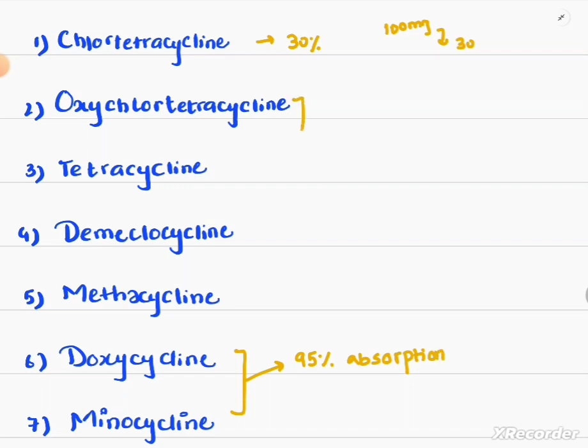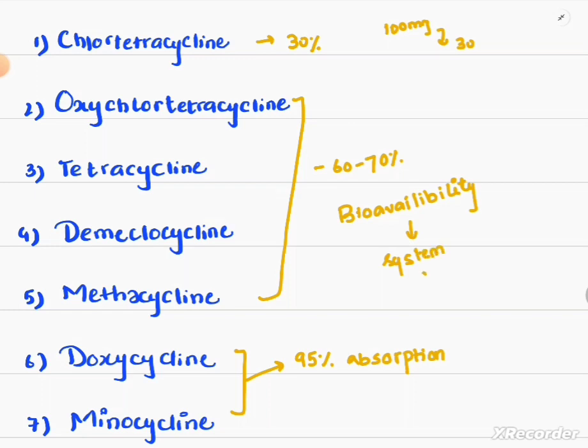The rest of the drugs have an absorption of around 60 to 70%, so they are 60 to 70% bioavailable. This concept is known as bioavailability of the drug, which means the amount of drug that is available in the systemic circulation.